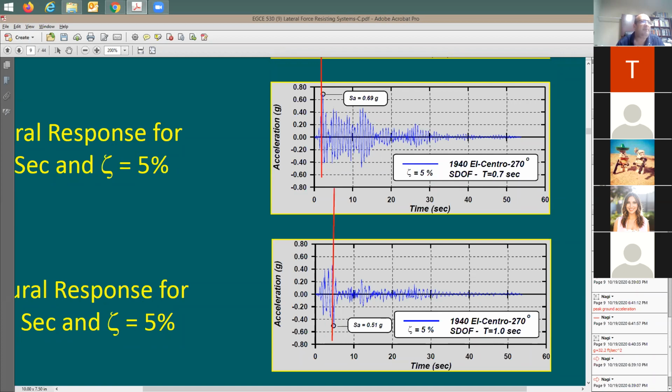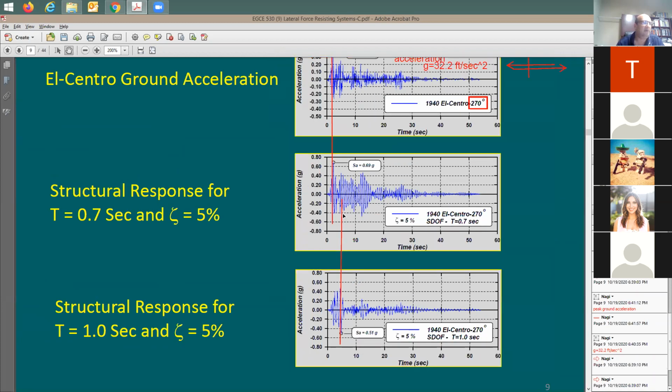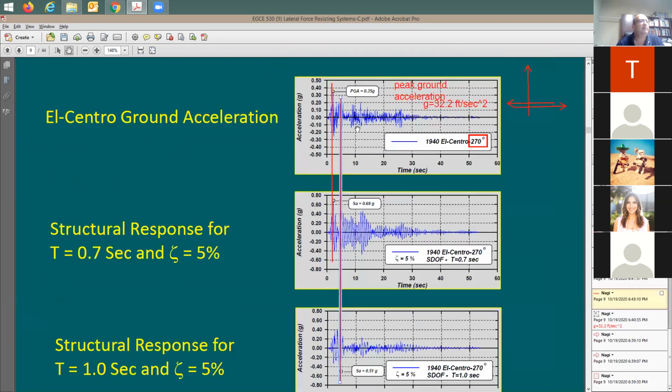It didn't really happen at the same time as the maximum ground acceleration. If you look here, there's a little bit of delay. So for 0.7 seconds, the maximum acceleration of the building itself was about double the ground acceleration, and it happened almost at the same time.